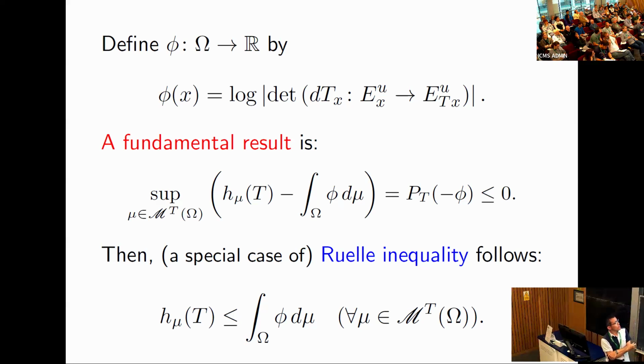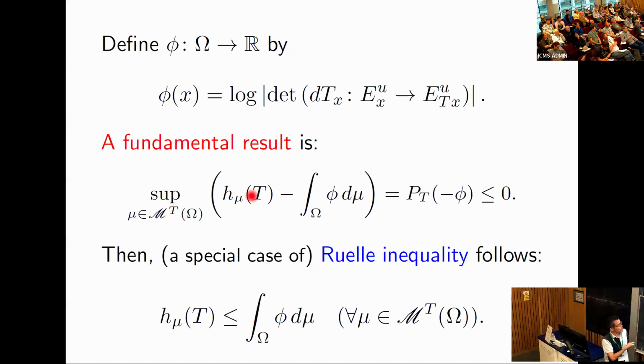Now the fundamental equation in this theory is the following. First we consider this quantity: the Kolmogorov-Sinai entropy minus this integral. Then take the supremum with respect to all T-invariant probability measures on this basic set.